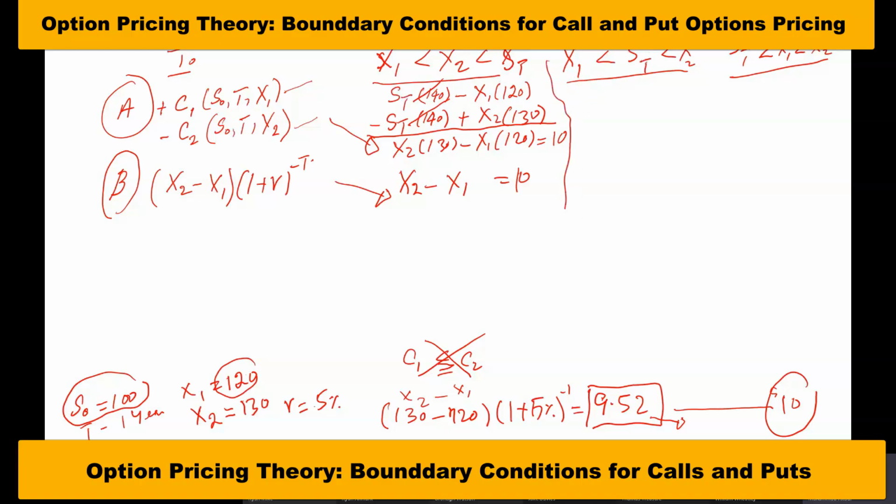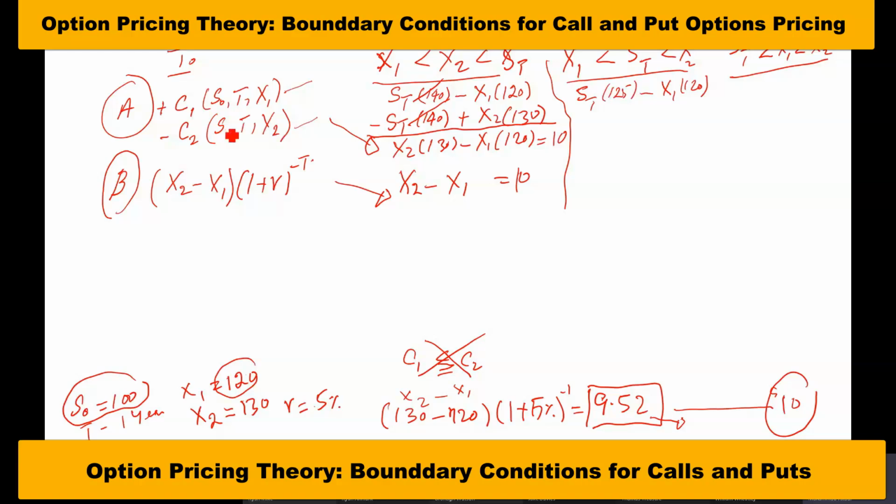The second situation is if ST is 125. In that case, the first call will be in the money, but the second call is out of the money. So I will exercise my right and I will receive the share which is worth $125, and I will pay X1, which is $120.